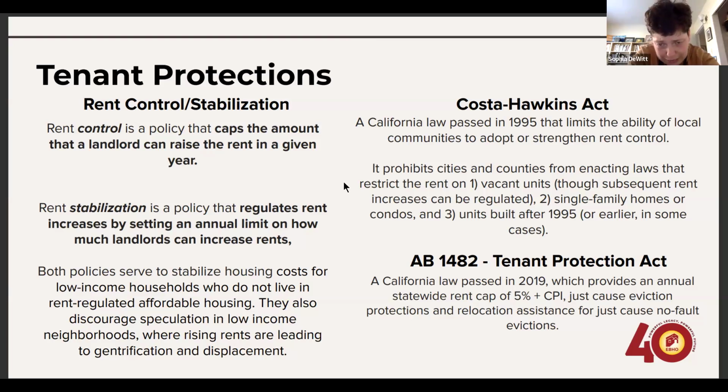This law passed in 2019, and it provides an annual statewide rent cap of 5% plus the percentage of the consumer price index increase, as well as just cause eviction protections and relocation assistance that needs to be paid to tenants if they've been evicted for no fault or for just cause reasons. Next slide.